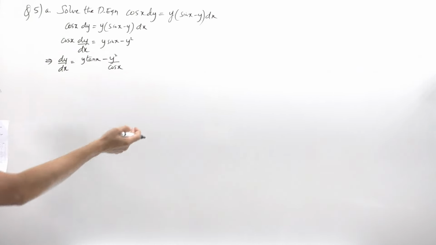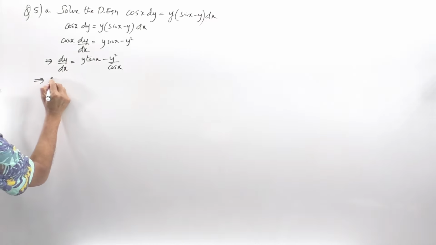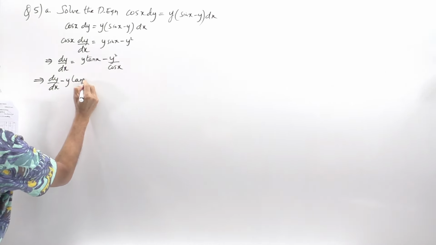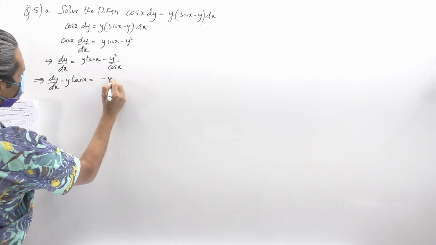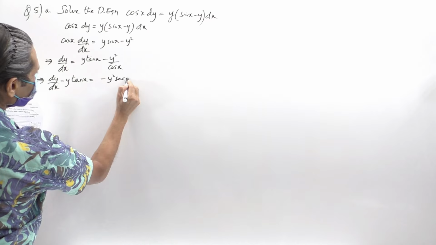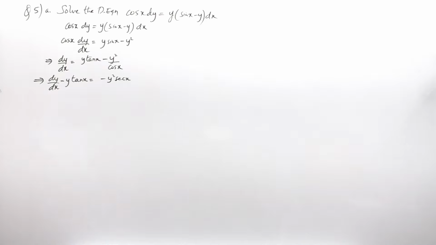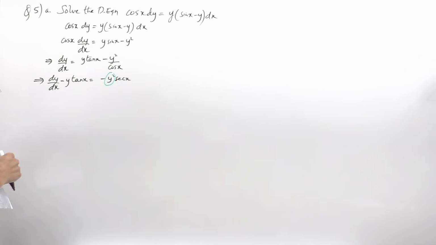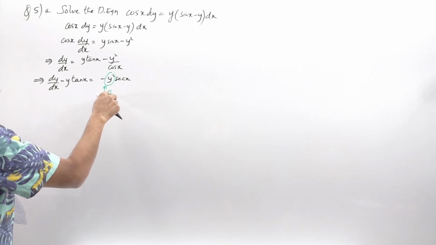Perfect, right? So I'll take it this side: dy by dx minus y tan x equals minus y squared secant x, because as you know 1 by cos is secant. Now clearly this is Bernoulli's differential equation, because there is a factor y squared here. So this is Bernoulli's differential equation.